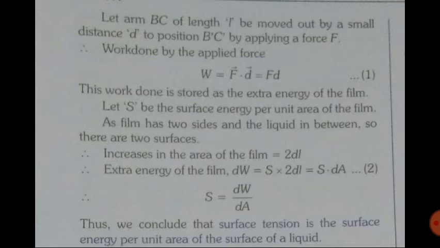That means there will be two surfaces. So if there is any increase or decrease in the area, it will be twice of that frame's area. Are you understanding this? If the frame's area is length into breadth, L into d, then because two sides are there, it will be 2 into L into d.